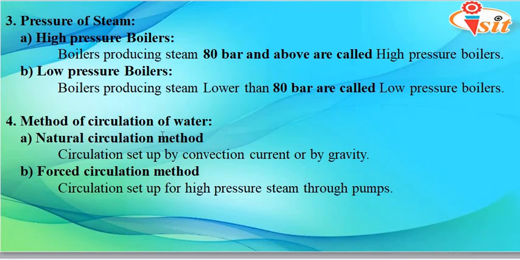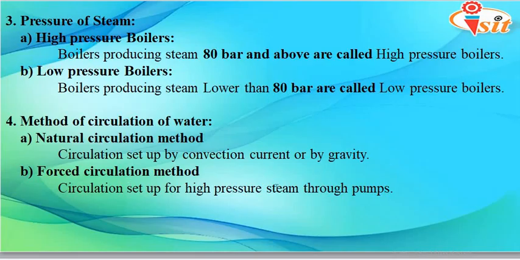The main working principle we can refer to as the thermosiphon effect in those types of boiler. An example of such a boiler is the Babcock and Wilcox boiler. We are going to study in detail how the natural circulation takes place. However, if the boilers have some kind of pumps for circulating the water or steam into different parts of the boiler, then such boilers are referred to as forced circulation boilers.